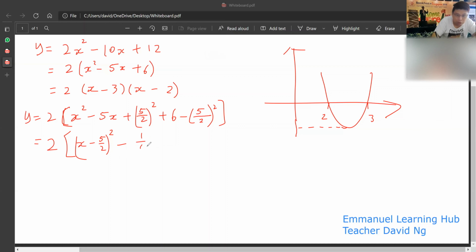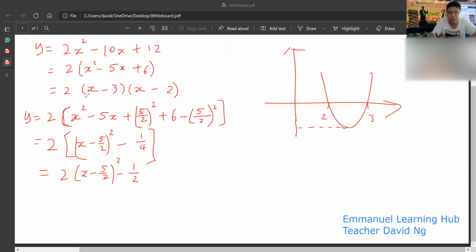So this is minus 1/4. This part you simplify, you get minus 1/4. That one no problem, right? Then I remove the big bracket. Okay, understand how I get this?